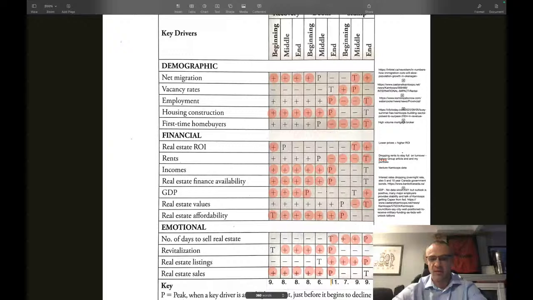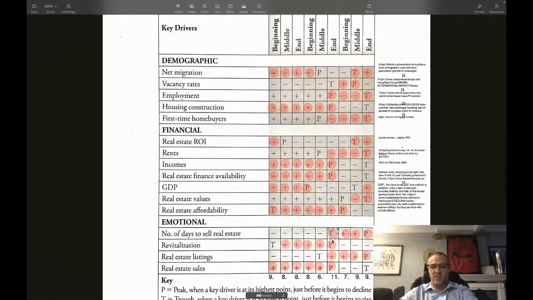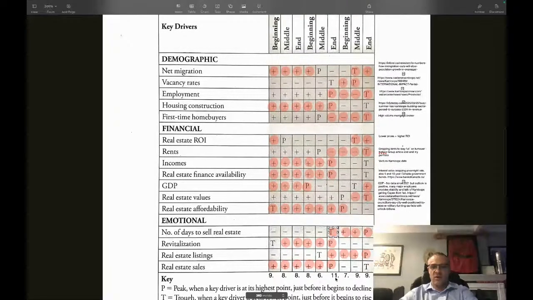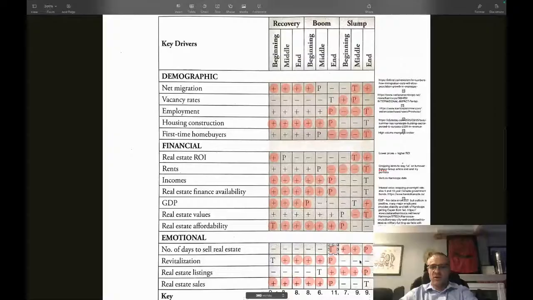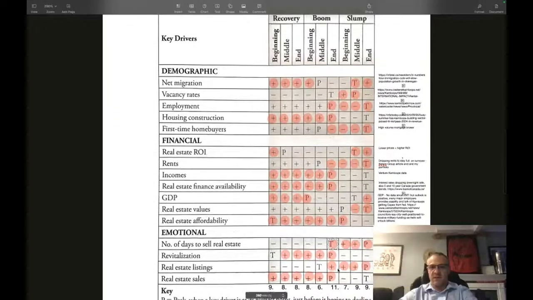So you would use this to do a deeper dive into some of these data sets and try and find the answers of what's going on. Like maybe real estate values are in the process of increasing right now, or any of these variables could change. But to me, it looks like we're maybe in the beginning or middle of maybe the end of a boom.